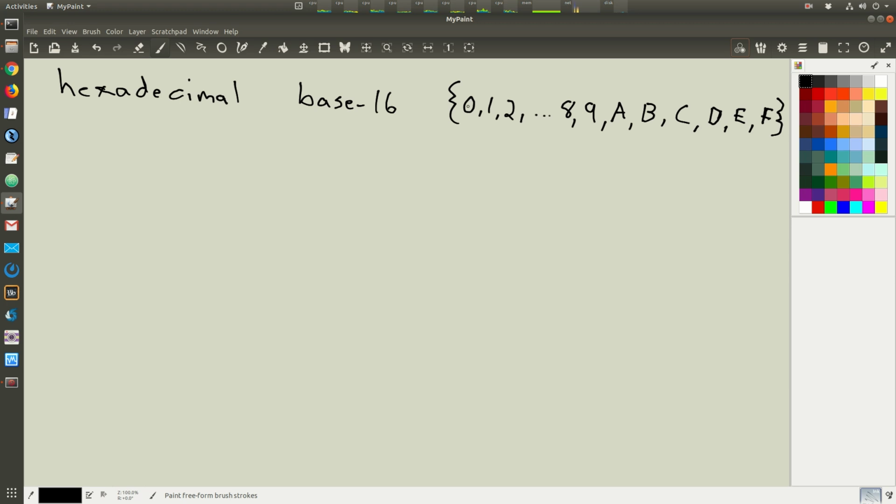Remember, it starts at 0. Okay, so the actual 10th character is 1 less than that, because the first character is 0, the second character is 1, third character is 2, right? So the 16th character, F, actually represents the base 10 number of 15.